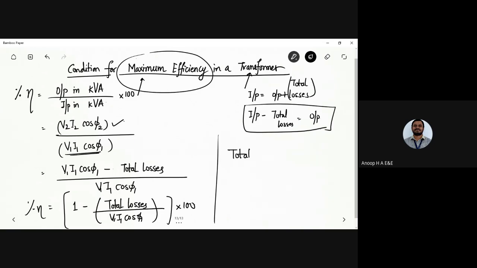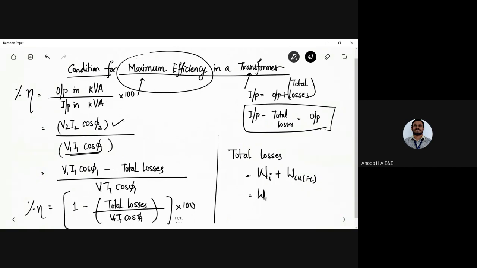So let me write down here, our total losses will be given by iron losses plus copper losses at full load condition. Got it? So this would be iron losses plus copper losses at the full load condition. Now this copper loss, what I wanted to highlight, I can write this as the I squared R losses.